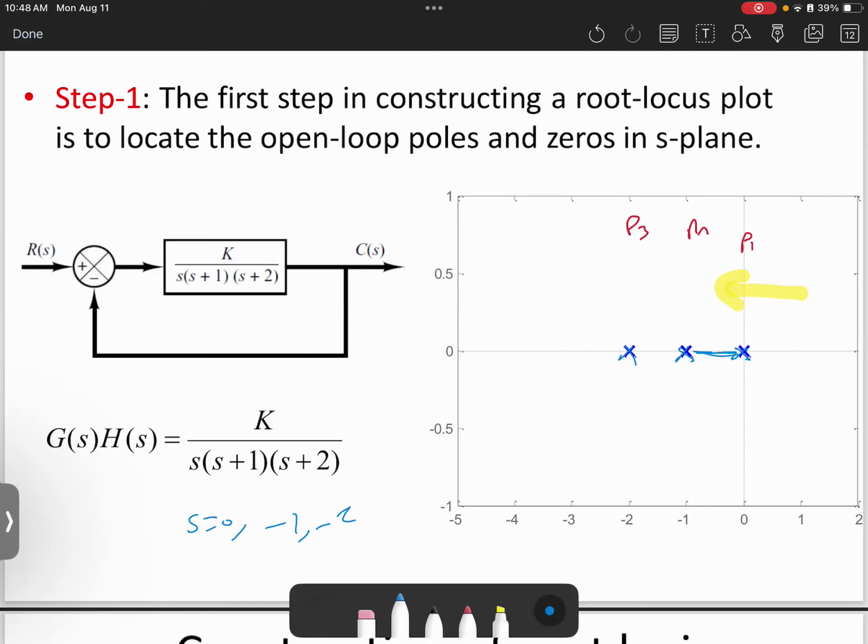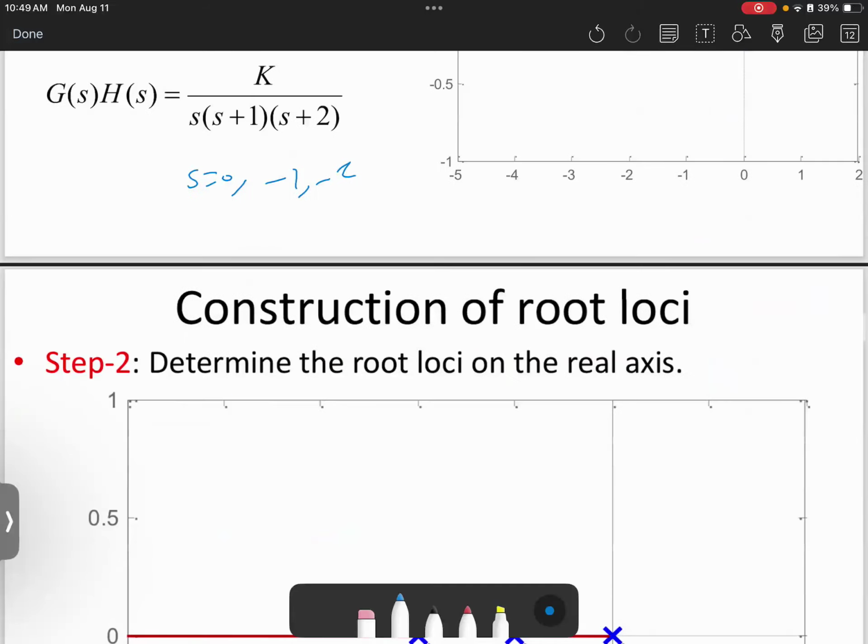Since it's an odd number, this is a region. After P2, it's even, so it's not counted. Then at P3, it's an odd number, so it will go toward negative infinity. Then P1 and P2 will collide, causing some oscillation. Then this one will move here, and this one will move here.